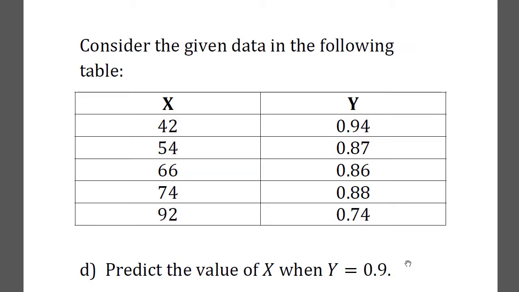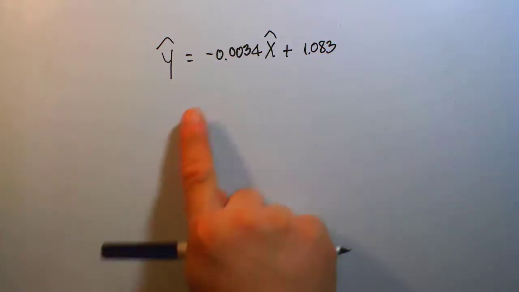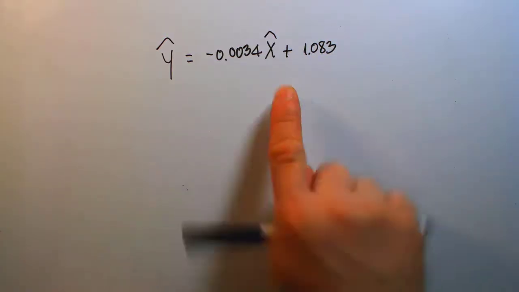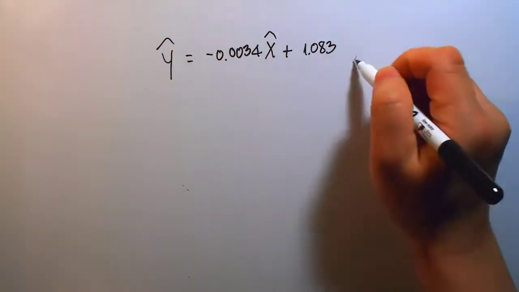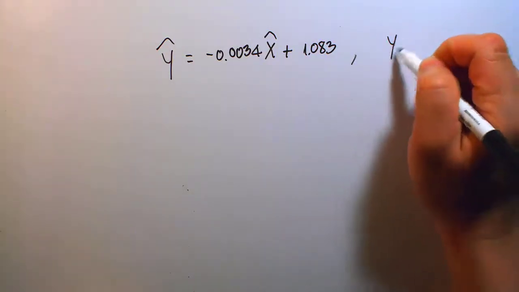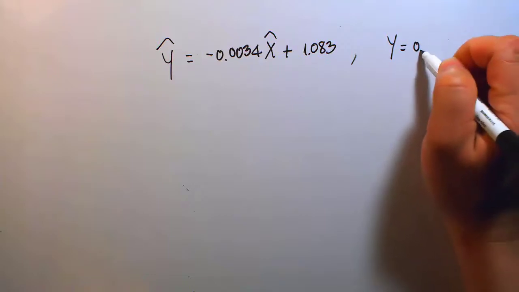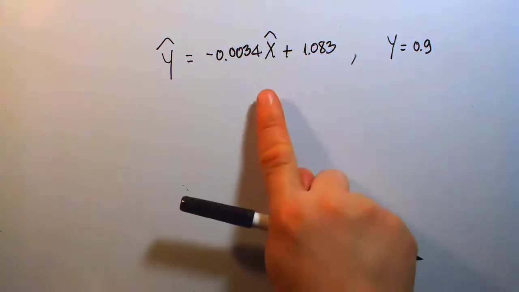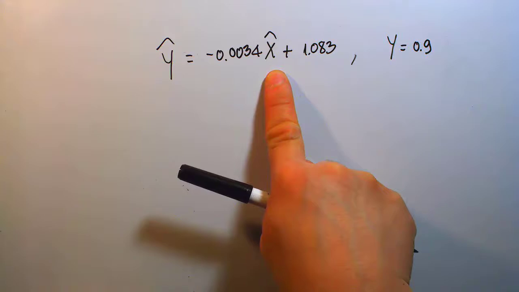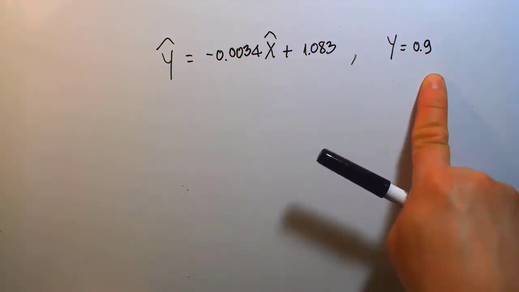So, once again, back to my best fit line equation. This time we have the y value given being 0.9, but we need to find the predicted x value that happens when y equals 0.9.